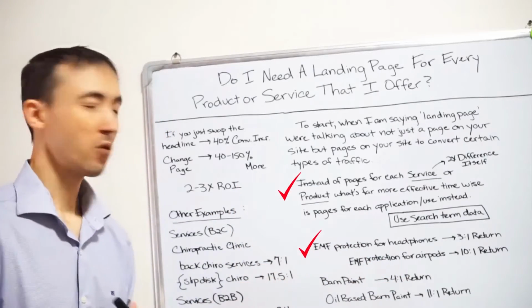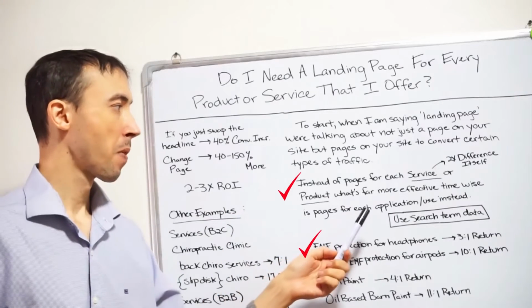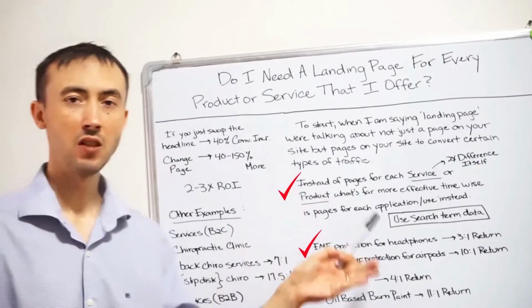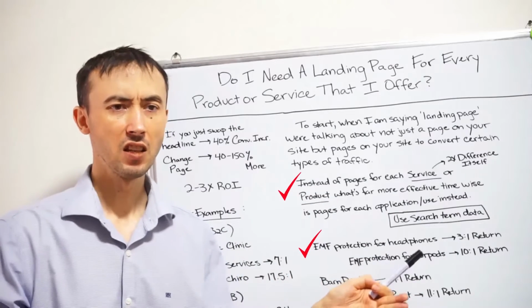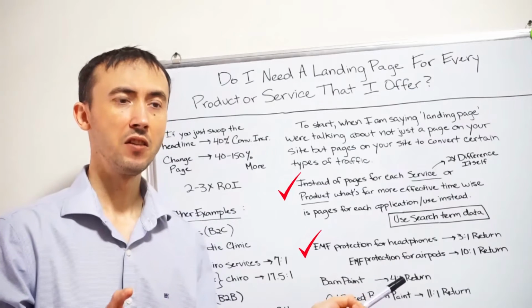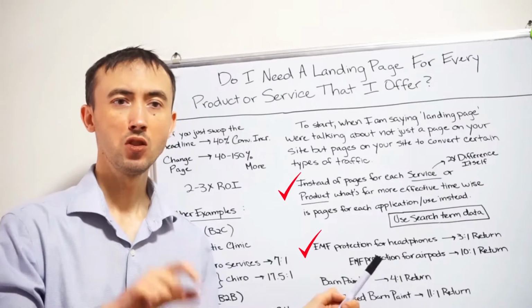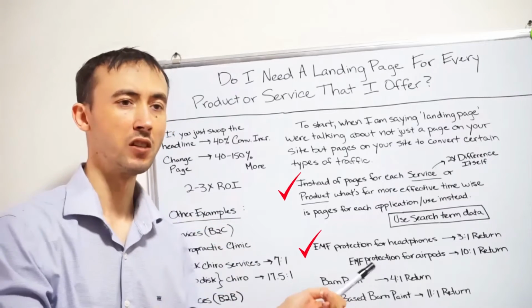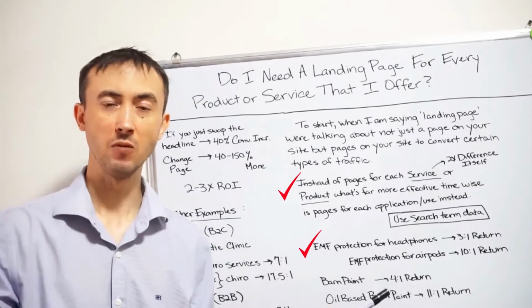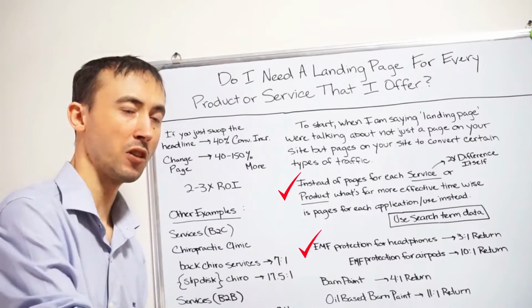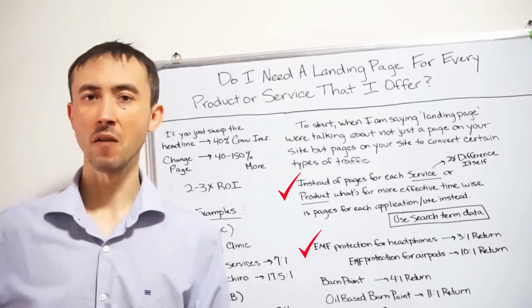So, going full circle here, yes, you will make a landing page for each product or service that you offer, but the more important thing is that you make landing pages for what people are searching for. And you don't have to get super sophisticated. Just being a little bit more sophisticated than everybody else is willing to be, and actually having a page for back acne, which nobody else is willing to do, you're going to have a return on traffic way above everybody else.